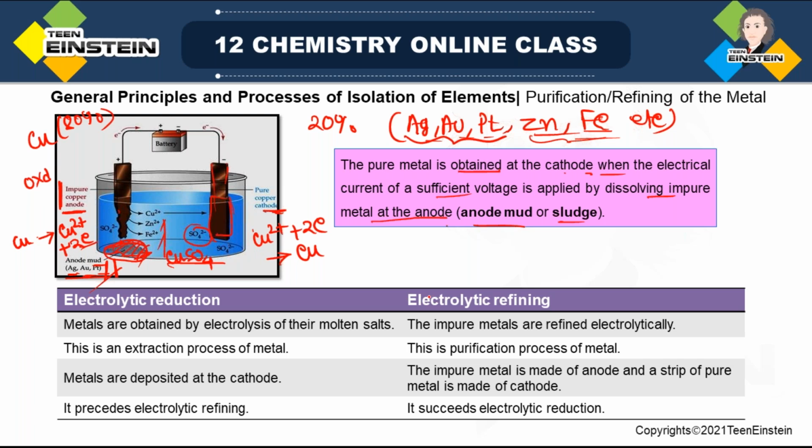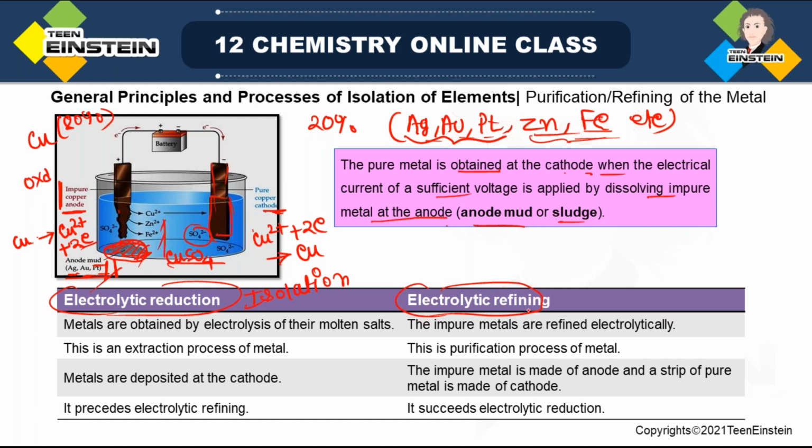This method that we are discussing now is actually electrolytic refining or electrolysis. But remember, in today's class we also discussed electrolytic reduction. But that is under the isolation method, that is the second step.